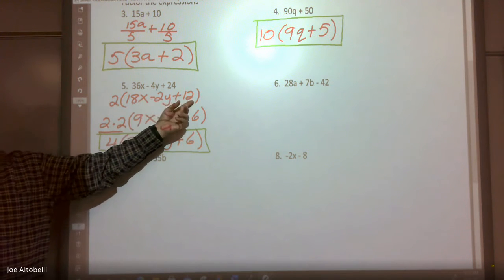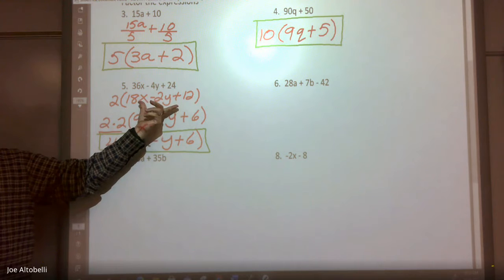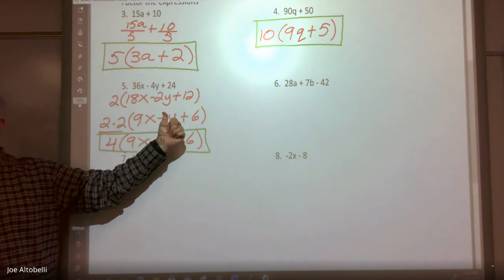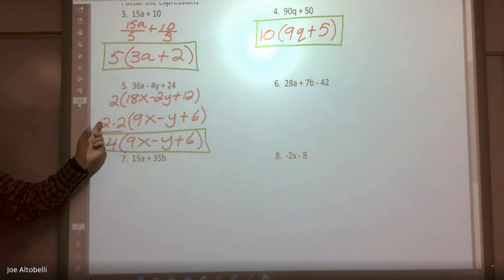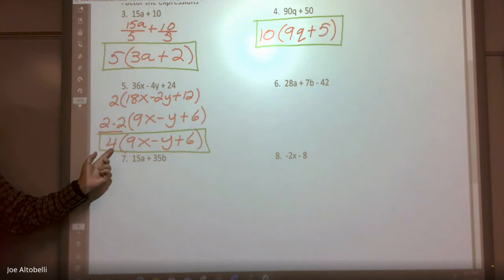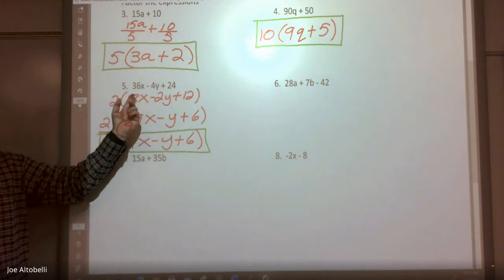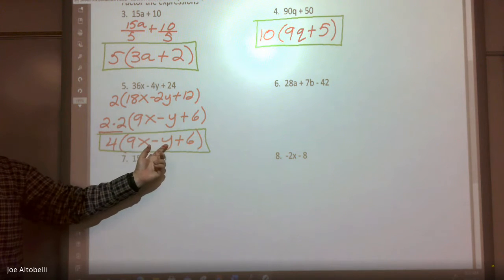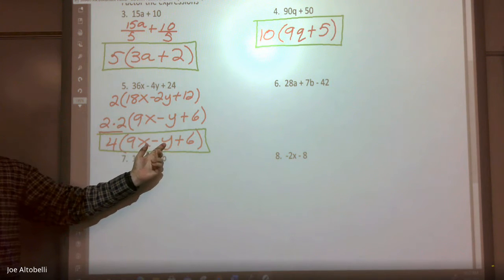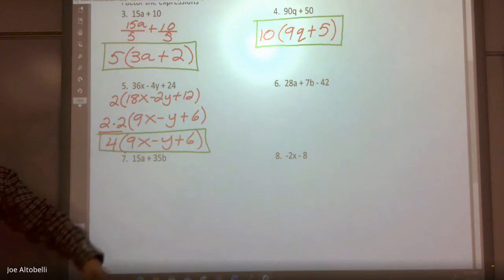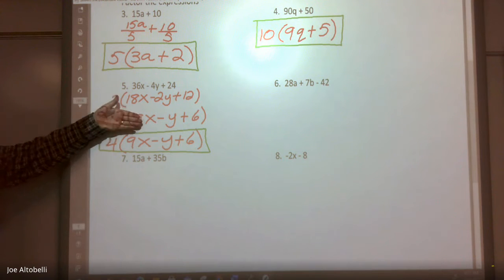Then you realize, oh no, I can take another 2 out. When you pull that 2 out, it's 2 times 2 out here, so you end up with 4. It's the same as if I took 4 out, 1y or y, and then 4, you get 6. That's taking 2 out twice.